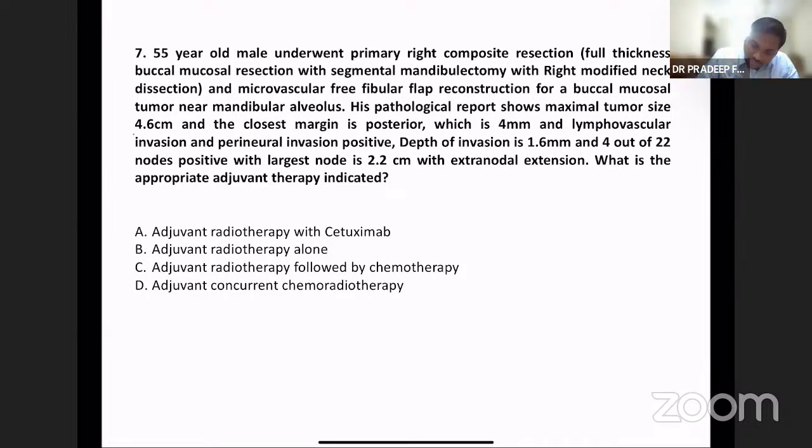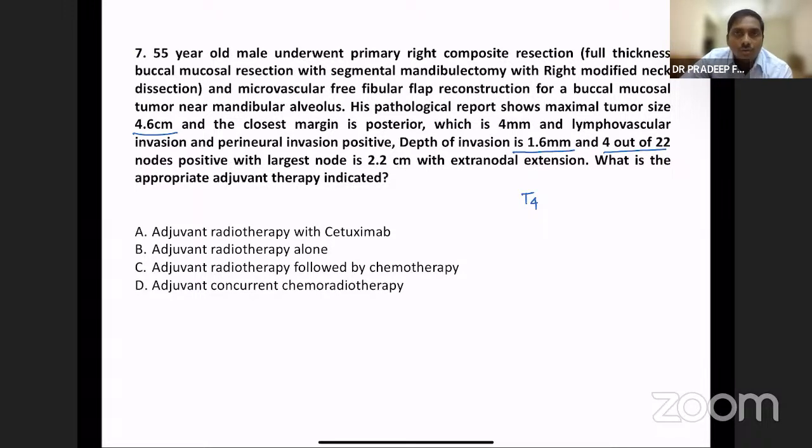So the maximal tumor size more than 4 centimeter, depth of invasion more than 10 mm, is T4. Margin and next nodal staging: 4 out of 22 nodes, with the largest node 2.2 centimeter with extranodal extension.